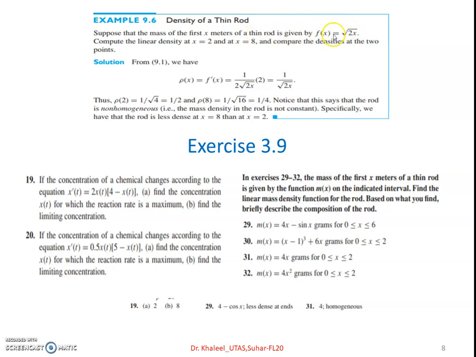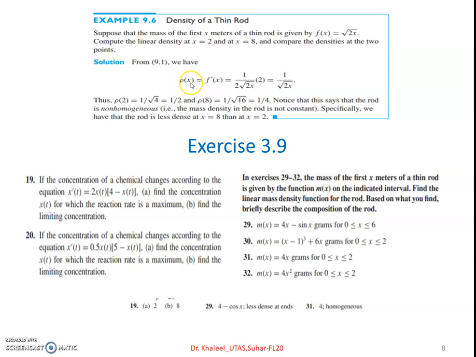This is the mass function, where x is measured in meters. The question is to compute the linear density, that is, the rate of change of mass, at x equal to 2 and at x equal to 8, and then compare the densities at the two points and conclude.